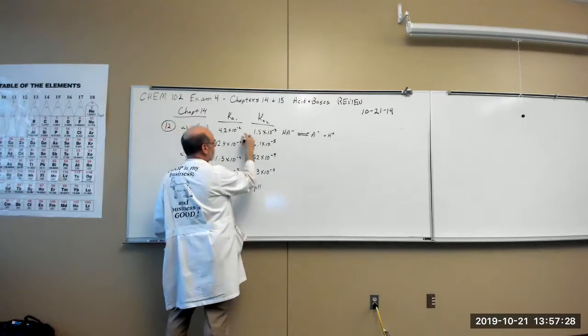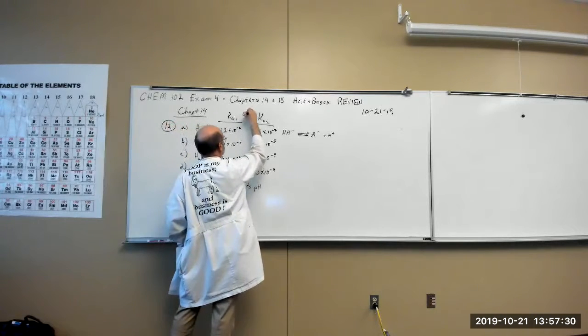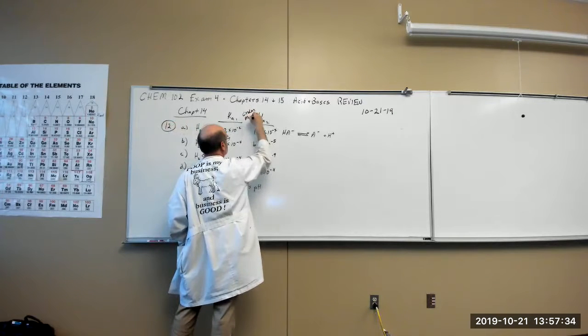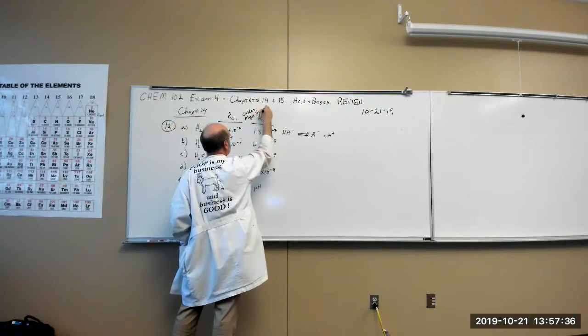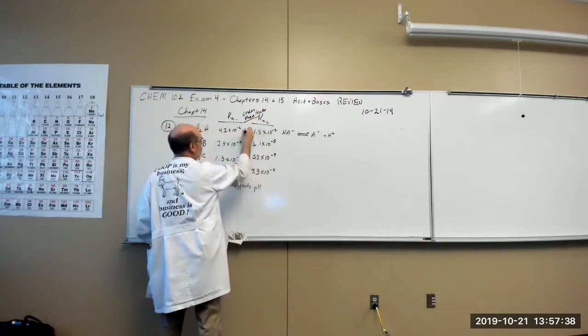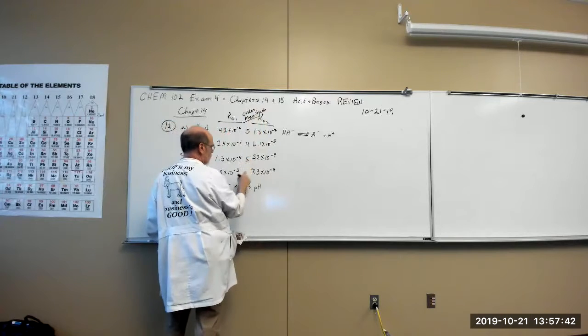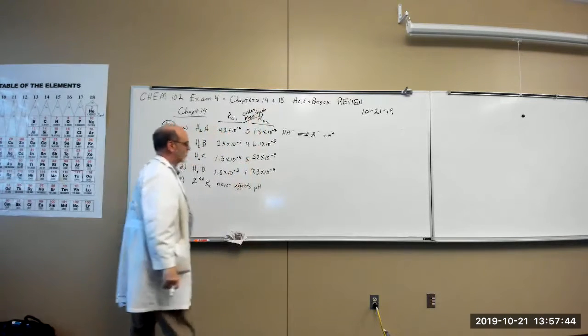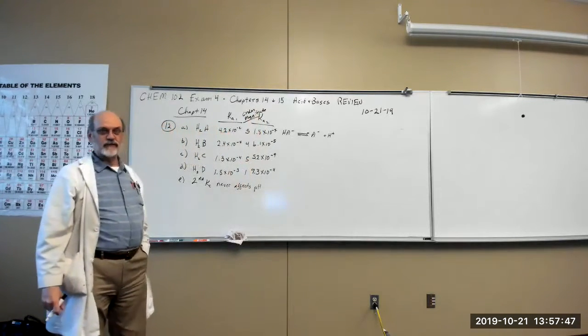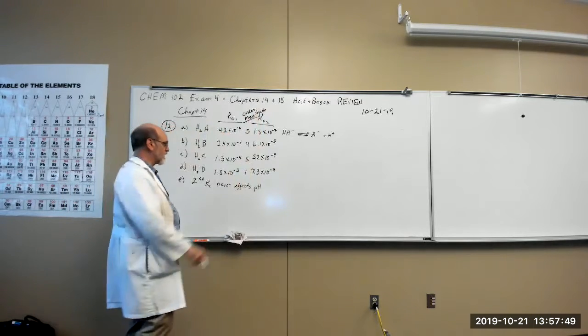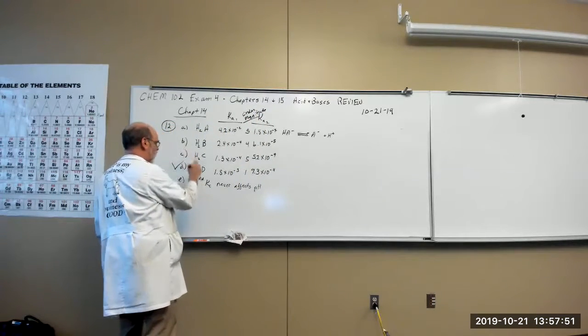This is orders of magnitude difference. This one's 5, this one's 4, this one's 5, that one's 1. So which one's going to have an influence on the overall pH? That one right there.